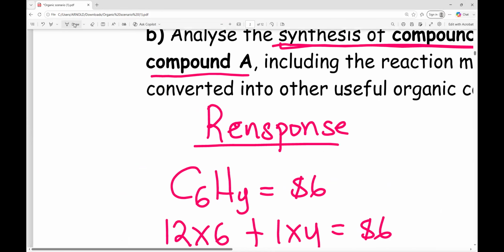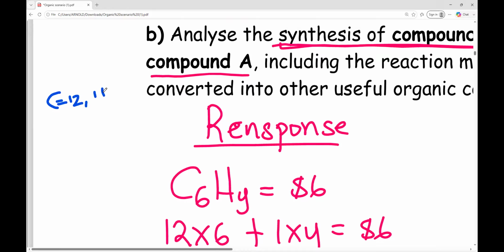This information is always put in there on the front page of the examination. Information which is always provided: C is 12 and H is 1.